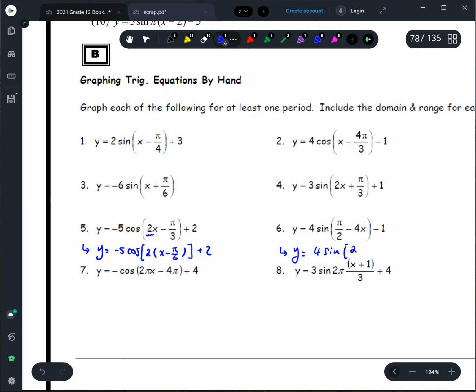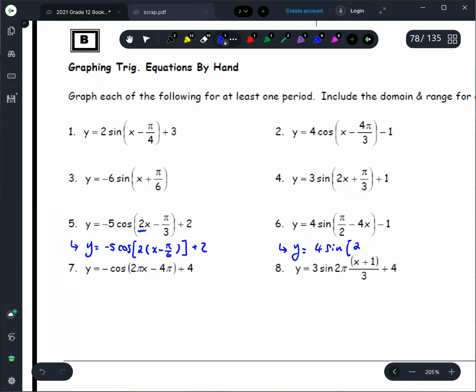Where did you get the 2? I don't think I did this one right. We're on number 6, right? Yeah, number 6. I'm not really sure. Okay, so you have a 2 after the sine.